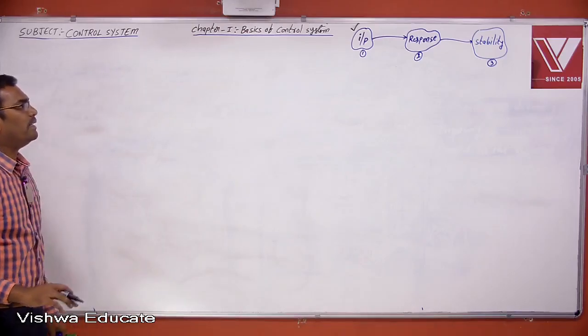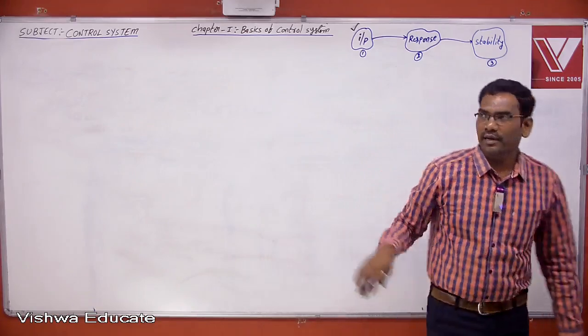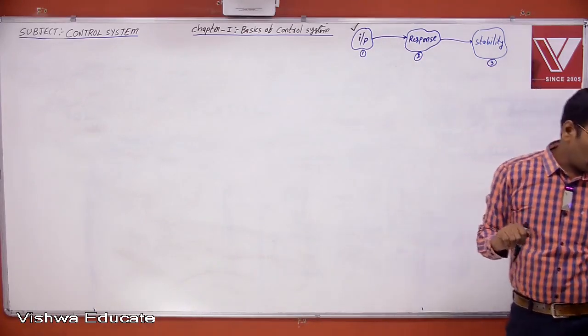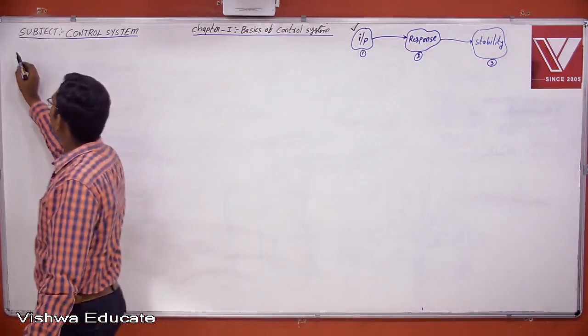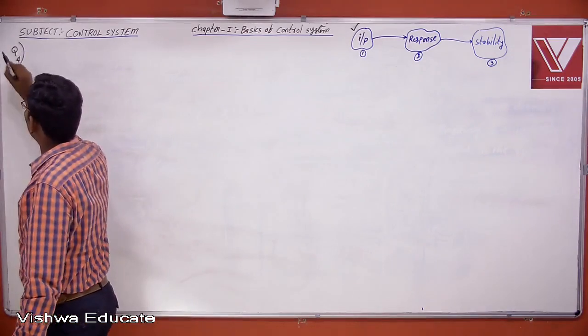So for finding this, I am giving one question in our workbook. Based on that, we will try to finish this concept as well as that particular question. Now, question number 4 in our workbook.